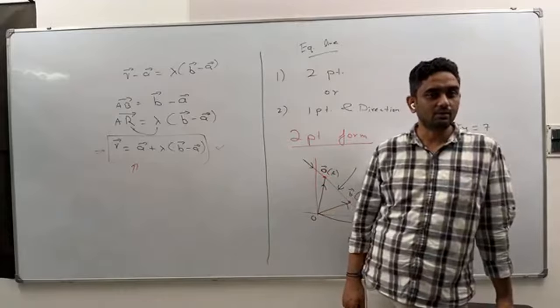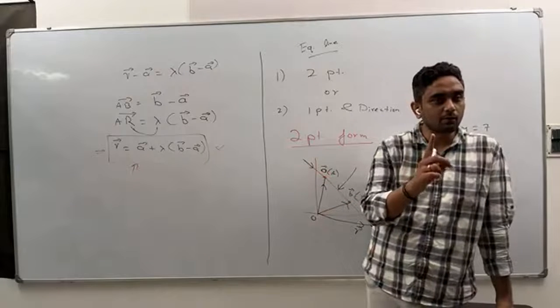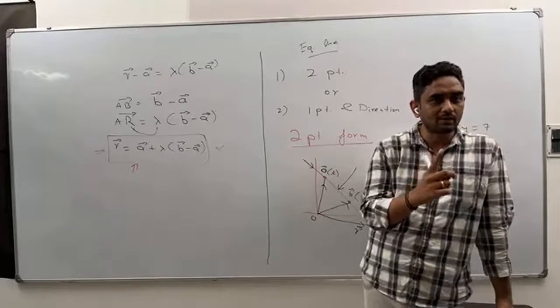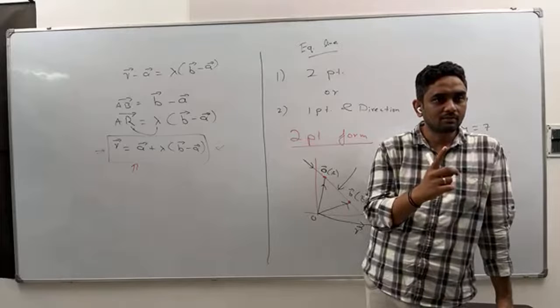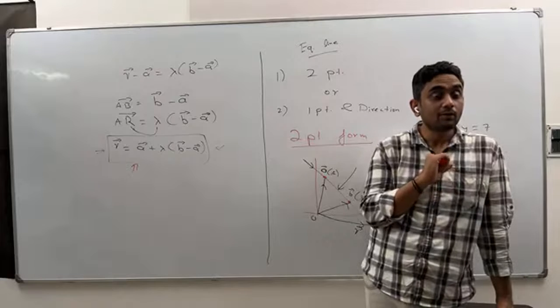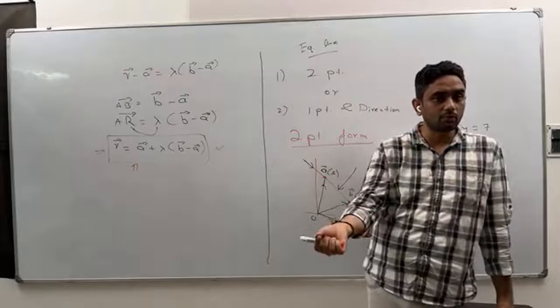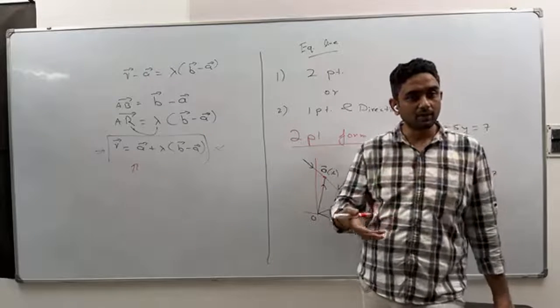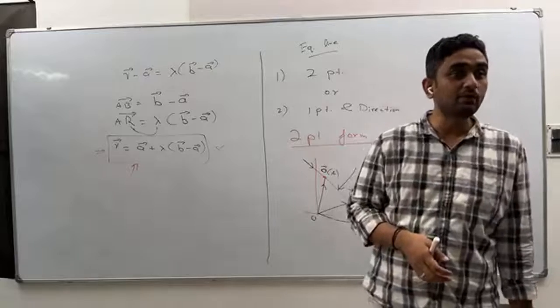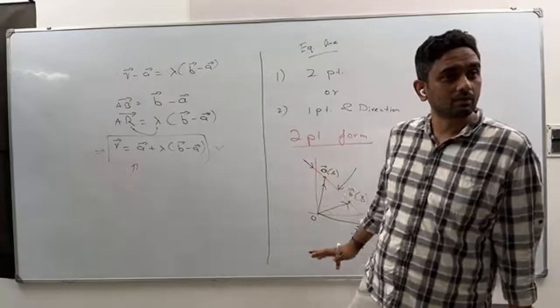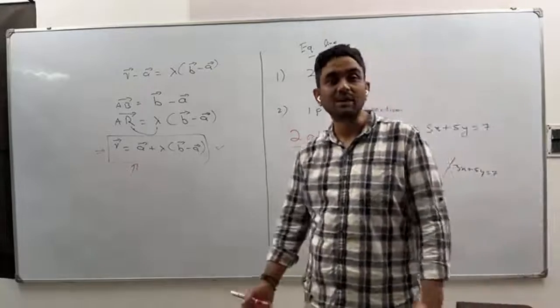Lambda is a scaling factor. If I fix lambda equal to 1, do you get a point or a line? A point. So lambda equal to 1 gives one point, lambda equal to 2 another point, lambda equal to 3 another point, lambda equal to 4 another point. So infinite values of lambda will give you infinite points on this line, and the collection of these points is the line.